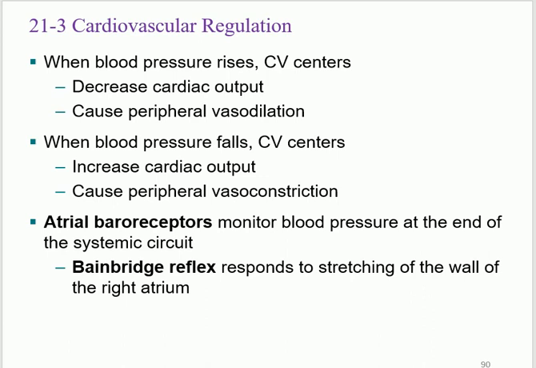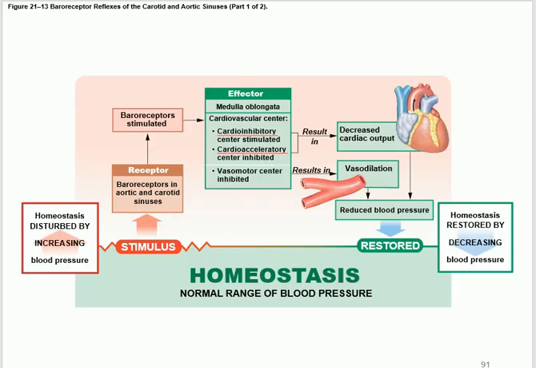Okay, so this is the whole thing together. If the blood pressure goes down, baroreceptors get it, and the medulla oblongata will use the cardiac inhibitory and the vasodilators. Cardiac inhibitory slows down the heart, vasodilation, blood pressure goes back, and vice versa.